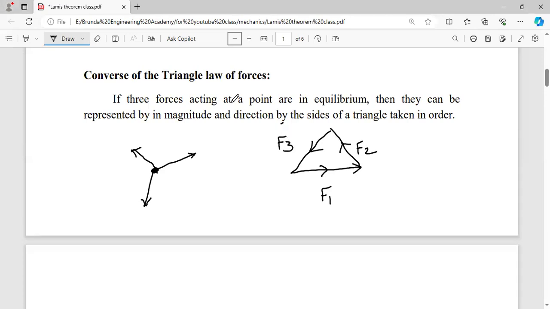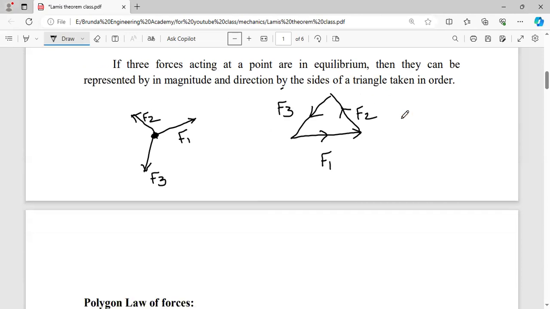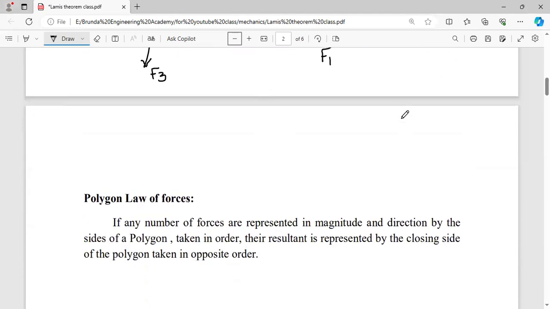The converse of the triangle of forces: if three forces acting at a point are in equilibrium, then they can be represented in magnitude and direction by the sides of the triangle taken in order. Now, discussion about the resultant here. Here we can easily see the three forces can be represented by the sides of the triangle. That is the converse of the triangle of forces.